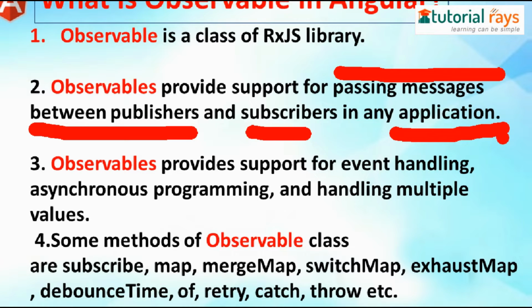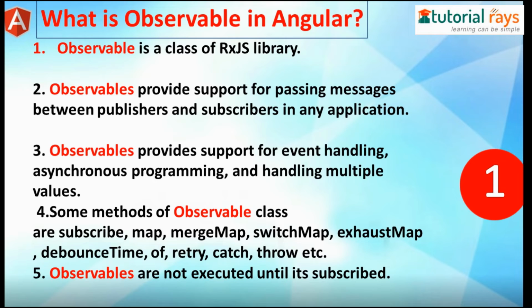So you can understand that observable is a class, but it is more like a pipe stream. The message is sent from the creator, the publisher, and the message is received by subscribers. That is the ultimate concept of this observable.